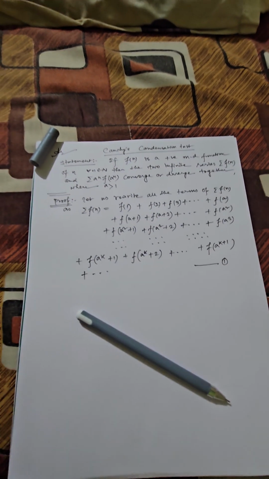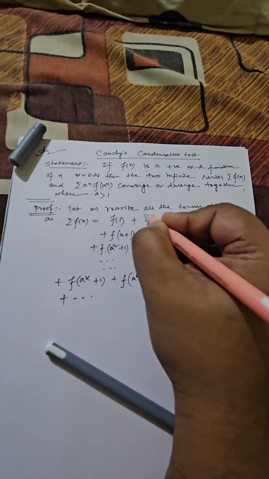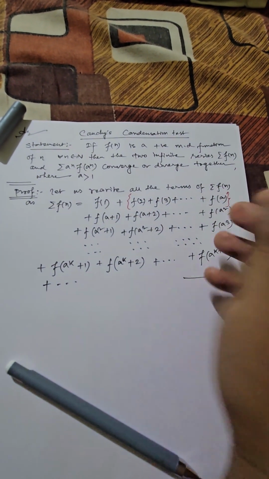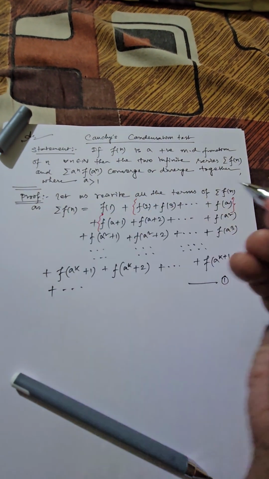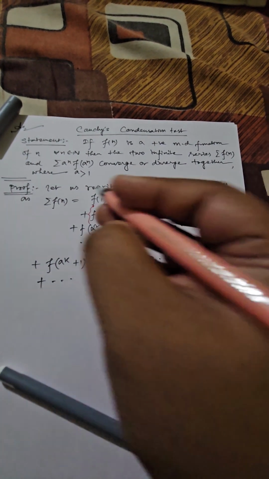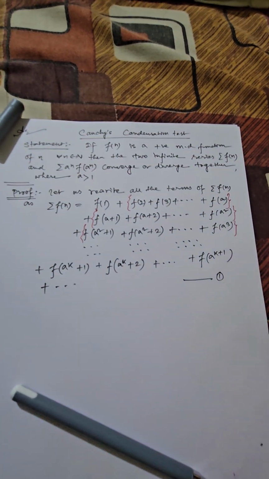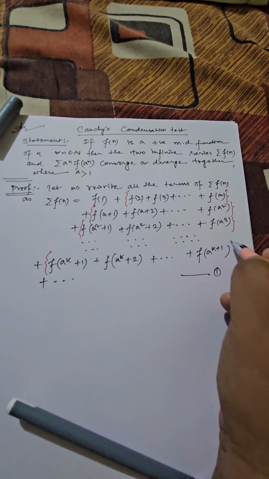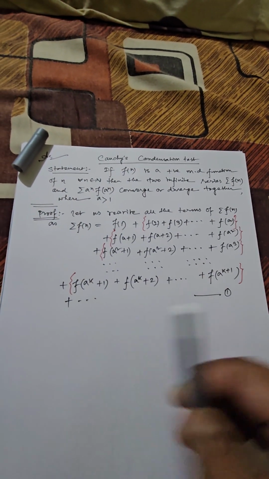Now for simplicity, let us group all the structures like this. This is one particular group, this is another particular group, this is again another possible group. That means we are introducing brackets for the grouping of terms.